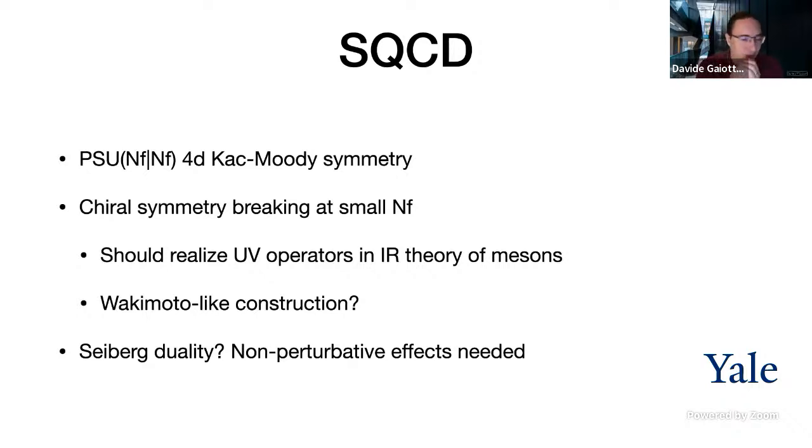Here I should point out to the physicists in the audience that the local operators which appear in the holomorphic twist are precisely the same as the ones that are counted by the superconformal index. An important check of Seiberg duality is that the superconformal indices of two dual theories coincide. So in a sense, we're trying to categorify that statement and show that the spaces of local operators themselves, and not just their character, coincide.